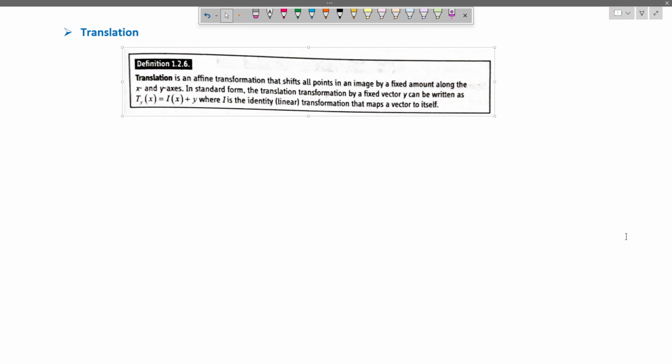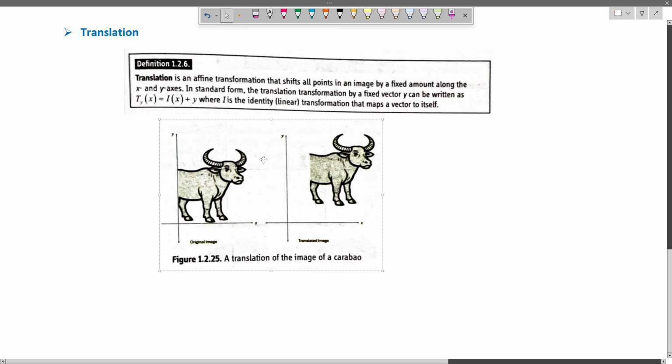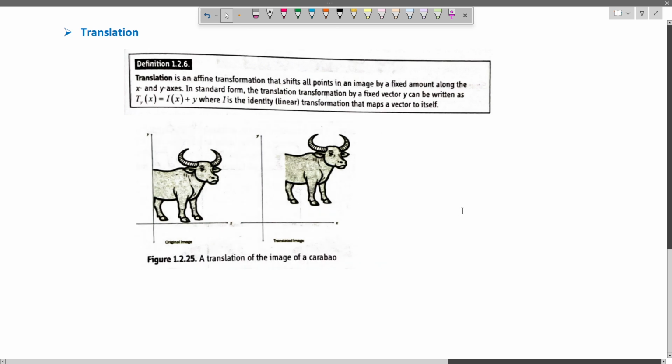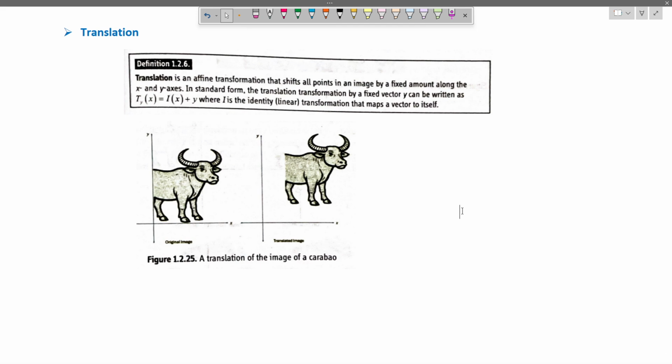In standard form, this translation by a fixed vector y can be written as T sub y of x equals I of x plus y, where I is the identity that maps a vector to itself. The original image is there, and the translated image shows that we've moved up and to the right.